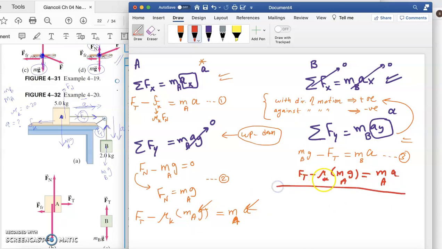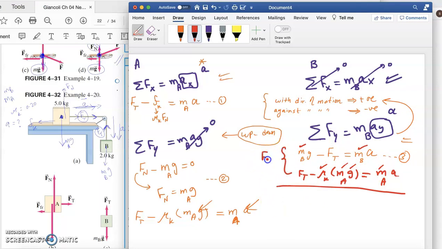Now, can you tell me how we solve these equations? How many unknowns do we have? M is known, mu k is known, g is known, Ft is not known. So we have two equations with two unknowns.